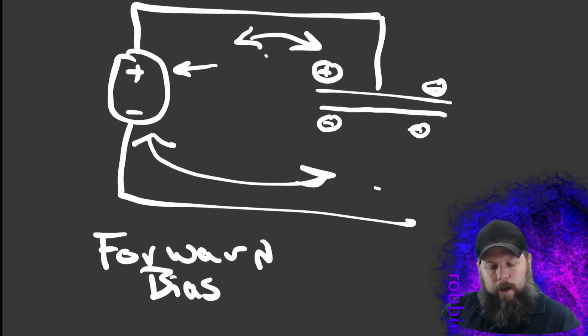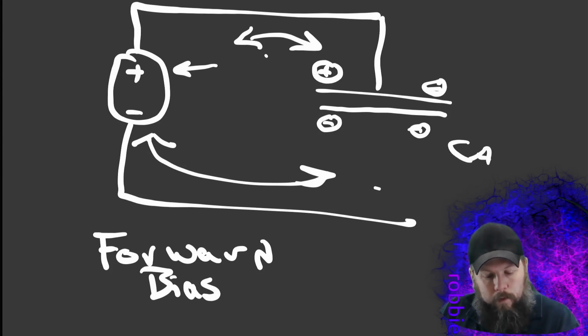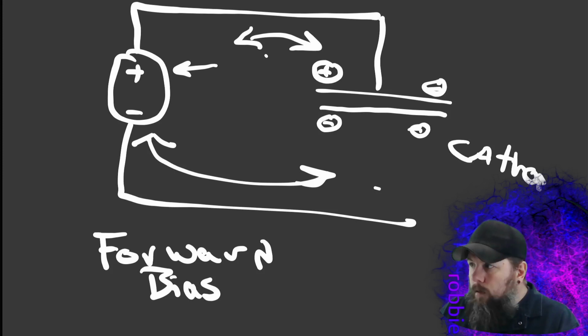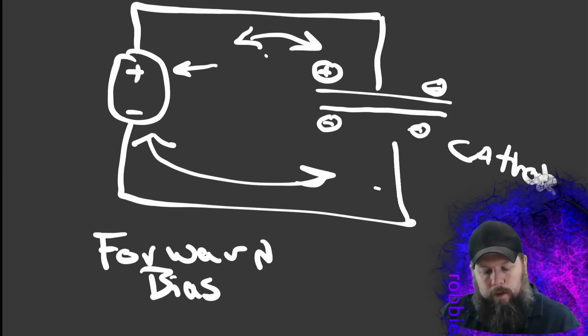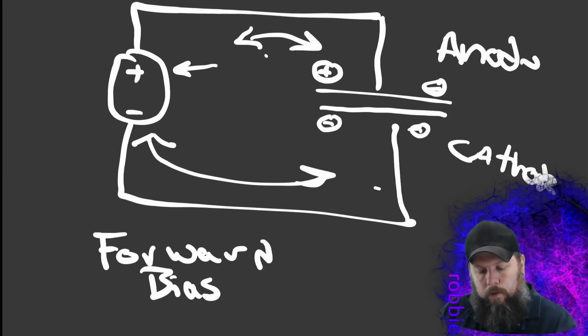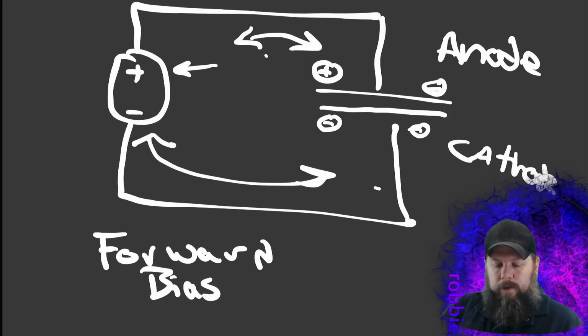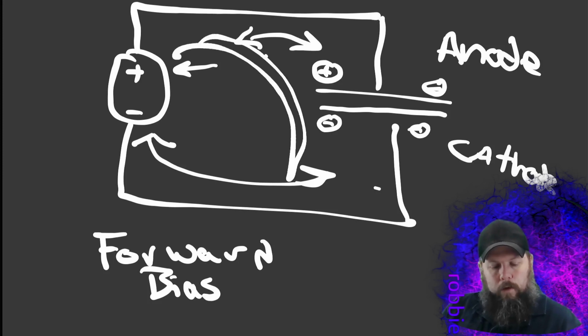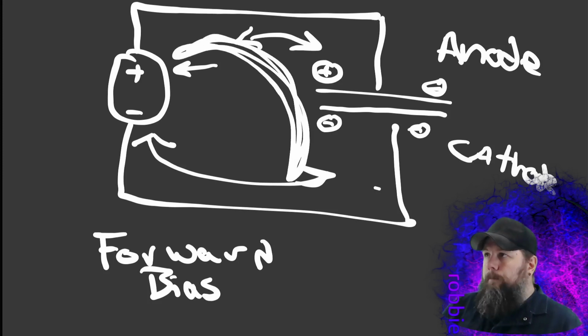When we have the cathode connected to the negative part of the source, and the anode connected to the positive, we're going to get current through there. That gap gets really small because like charges repel.